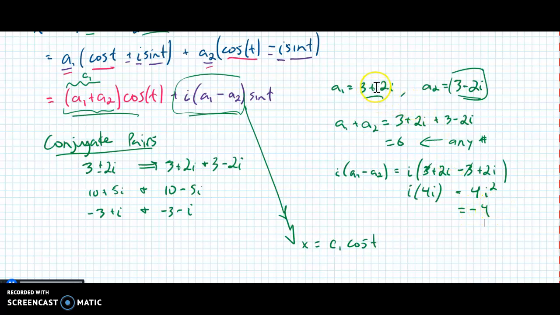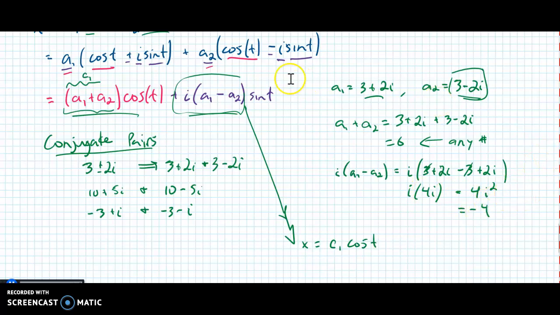I could flip them in the order in which I'm subtracting them, right? Choose this a1 to be the negative one, and this a2 to be the positive one, and then I could get a negative here, which would give me a positive after I get the 4i in.